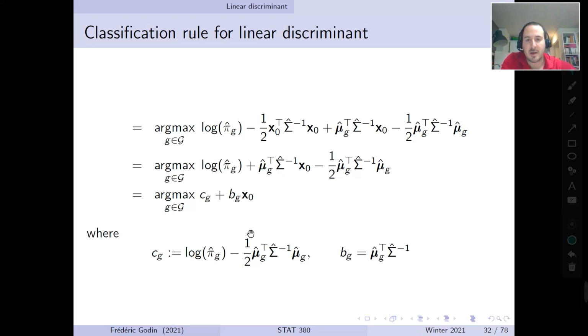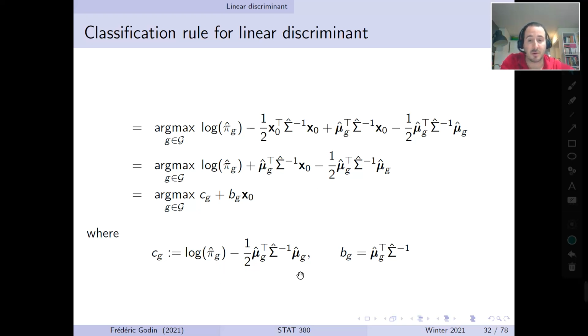This is Cg, and then for this middle term, we can use the first part to define Bg, so it's Bg times x0. Sorry, I said j, but it's really g. Here Cg and Bg are constants.